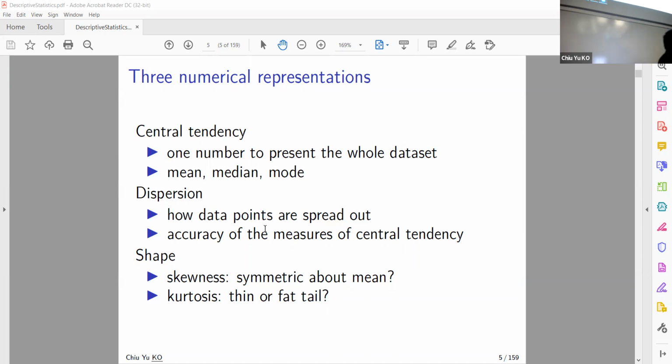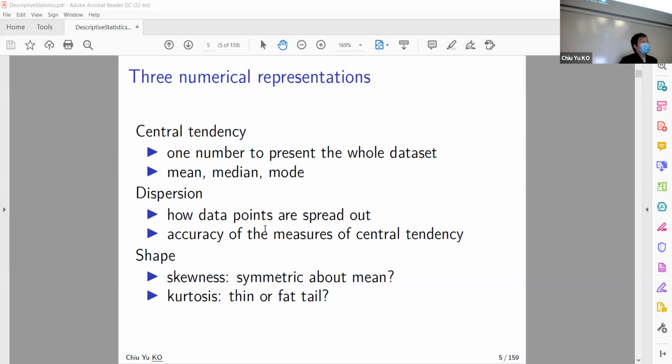The more data that is condensed around the mean, the more representative it is of what the mean means. Dispersion is the way to handle it.